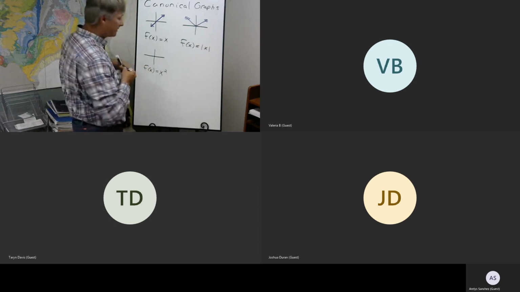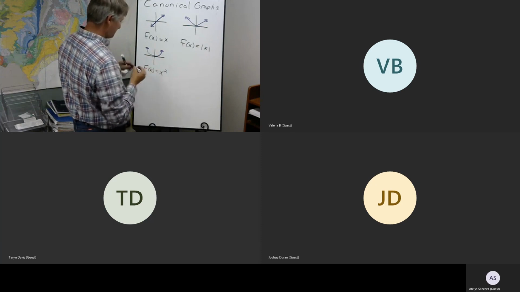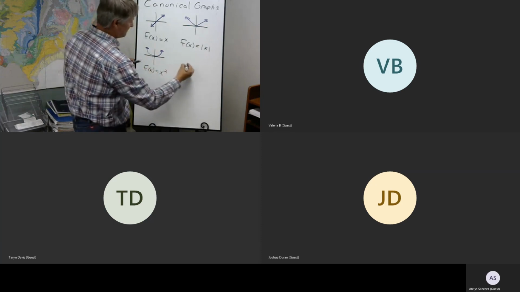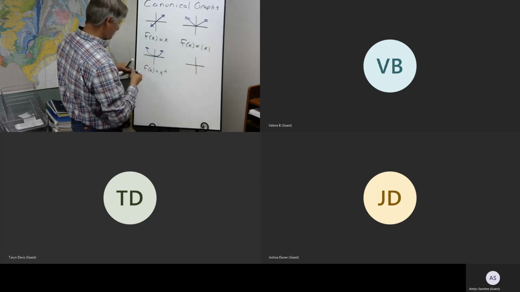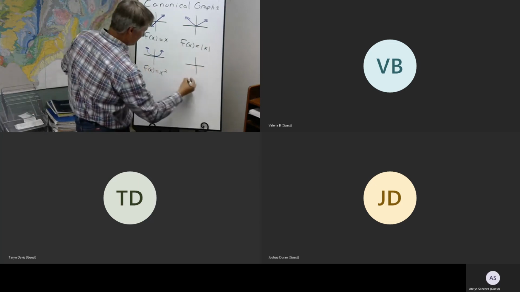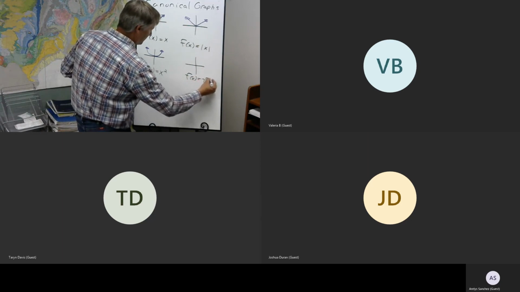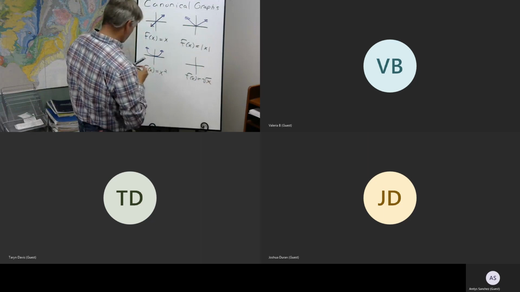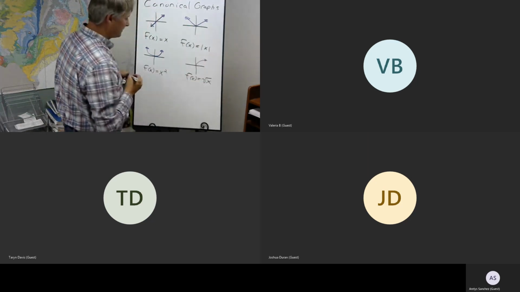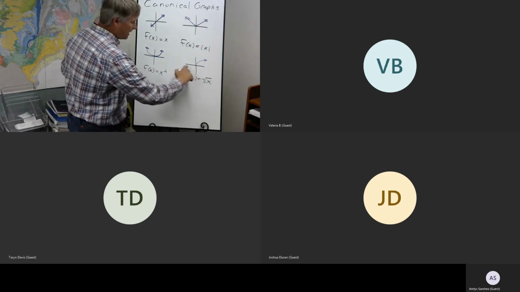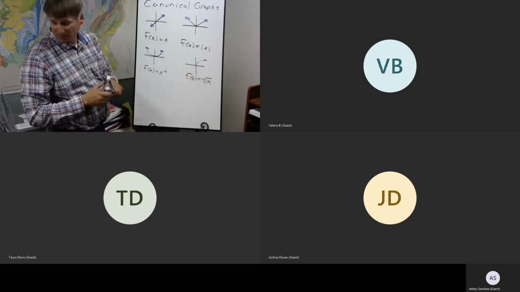F of x is x squared. F of x is the square root of x, and for this one you can only use positive x's for your inputs. You can't use negative numbers for outputs.